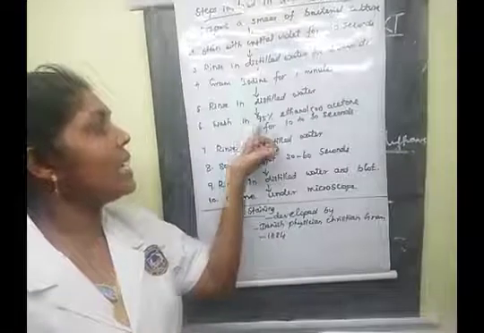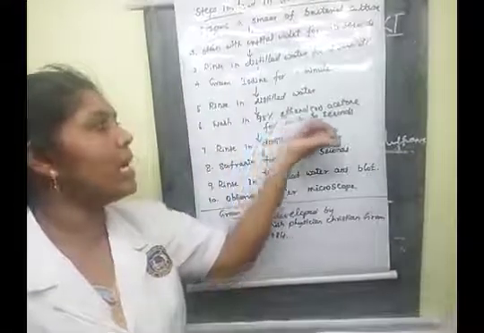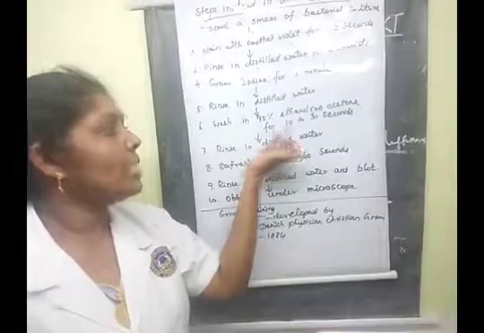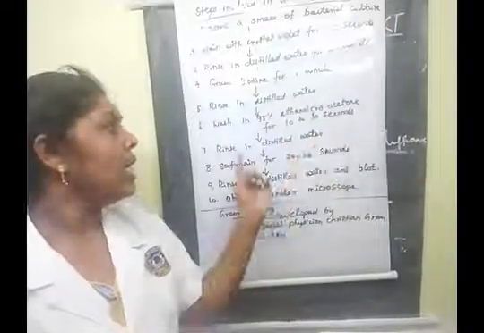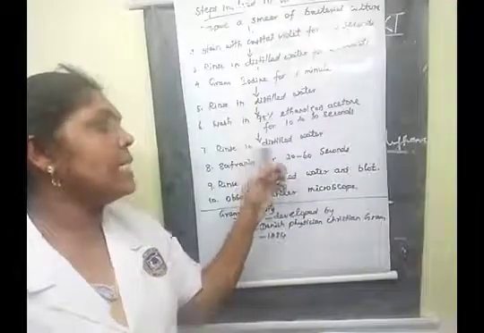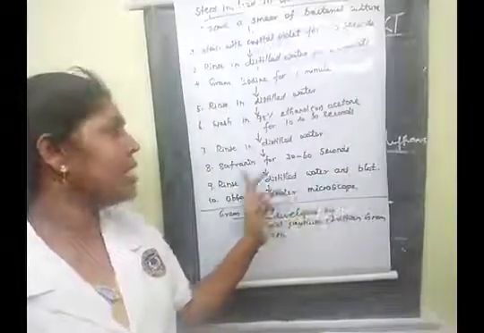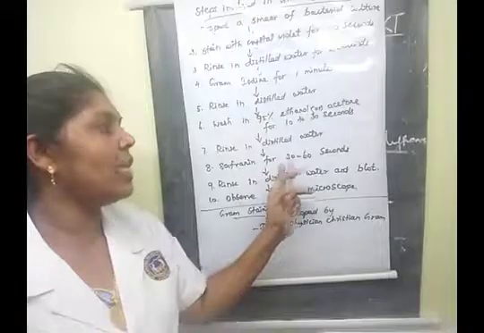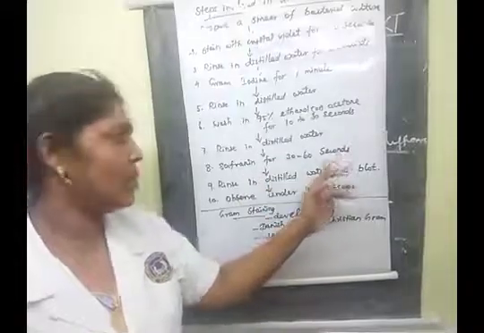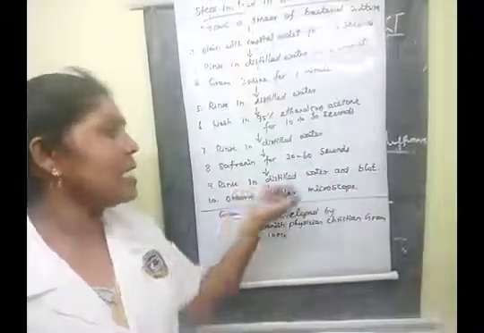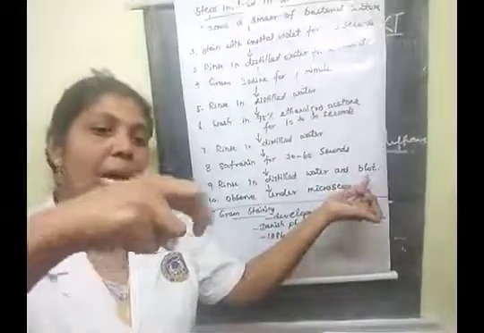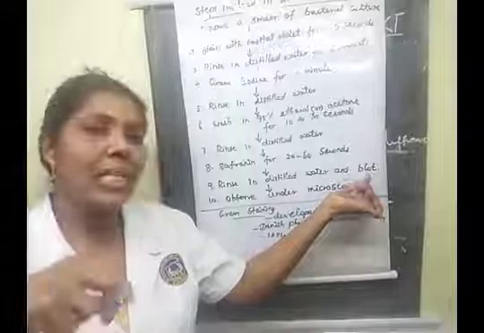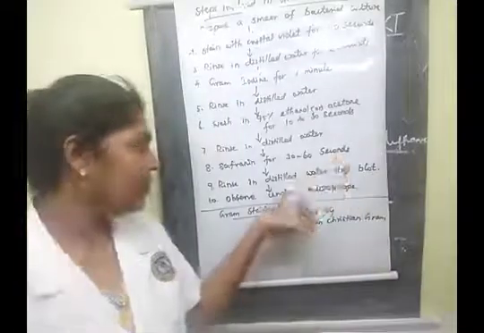Then wash in 95% ethanol or acetone, keeping it for 10 to 30 seconds. Then rinse in distilled water again. The next step is applying safranin for 30 to 60 seconds. Again, rinse in distilled water and blot. Blot means using a dry absorbing material for drying purposes only.